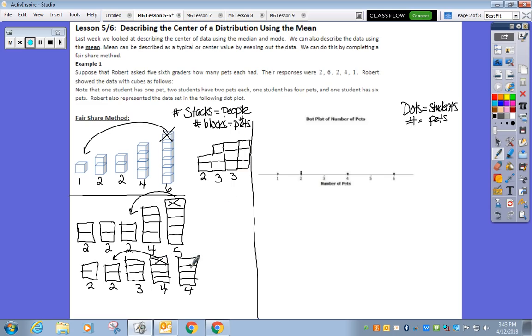And then my last stack remains a stack of 4. My last step is taking one from the largest to the smallest. So the first stack becomes a stack of 3, and they all actually become stacks of 3 at this point.